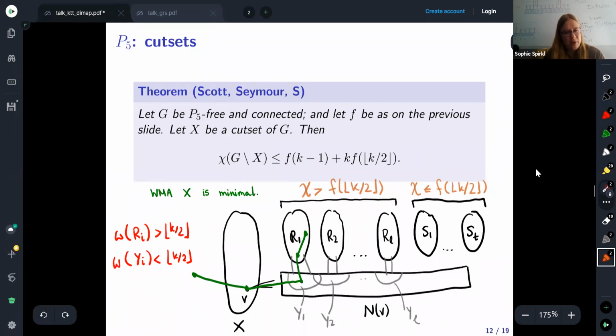So we can assume there are components that survive, and let's split them into those with chromatic number more than f of k over 2 and at most f of k over 2. And so again, if these guys don't exist, we're happy because here we have f of k-1 and here we have f of k over 2, and that's again what we wanted. So our main goal now is to get rid of these guys. How do we do that?